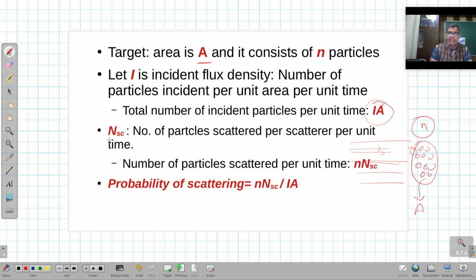Now N_s is what? It is the number of particles scattered per scatterer per unit time. That means how many particles are scattered elastically. There are so many scatterers.